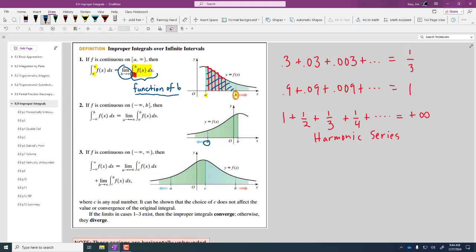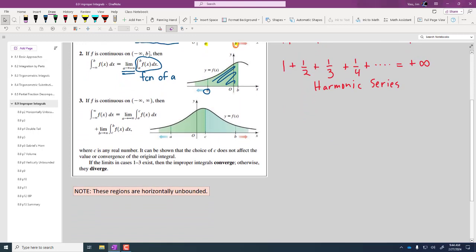We will again find the area of this region here from a to b. We'll then take the limit of that as a goes to negative infinity. So here we're going to end up with a function of a when we do this definite integral right there. That's going to give us a function of a. And then we're just going to take the limit as a goes to negative infinity.